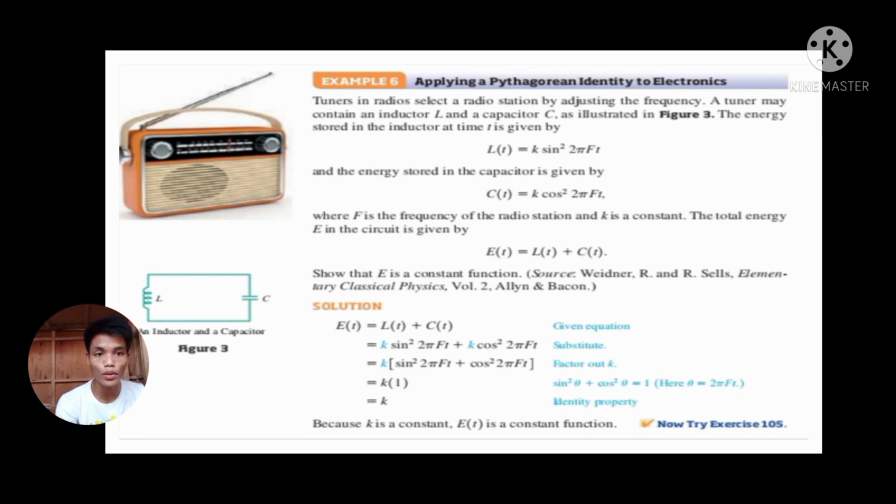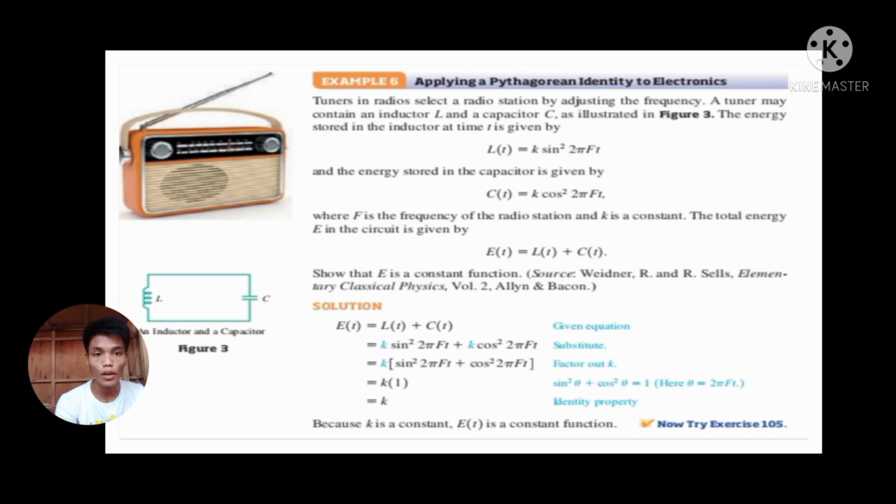So we are going to factor it out. The result is equal to K multiplied by 1, because sine squared theta plus cosine squared theta is equal to 1, where theta is equal to 2 pi F t, or 2 pi frequency times time.